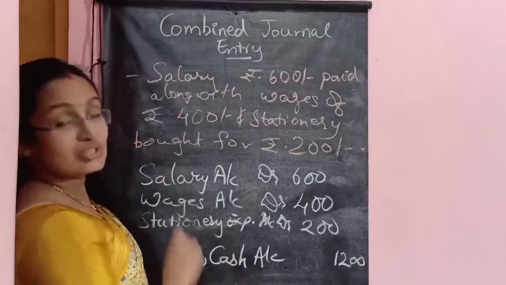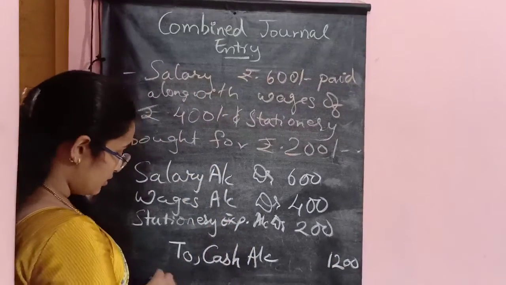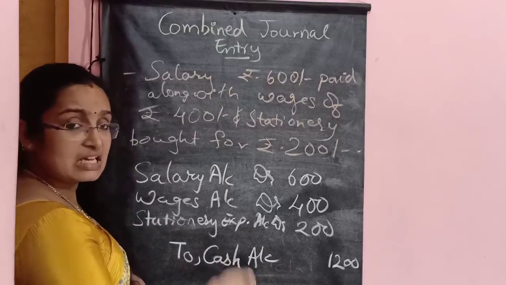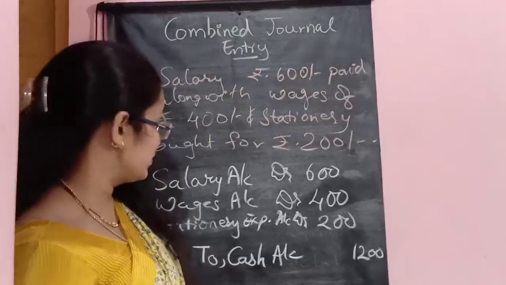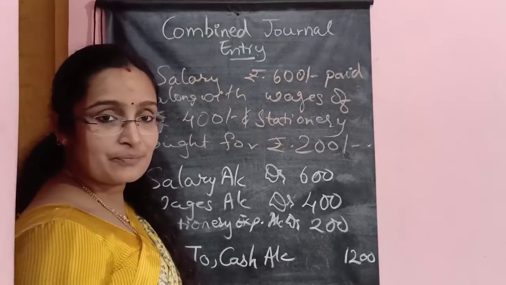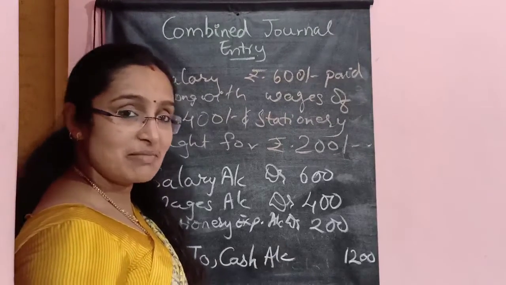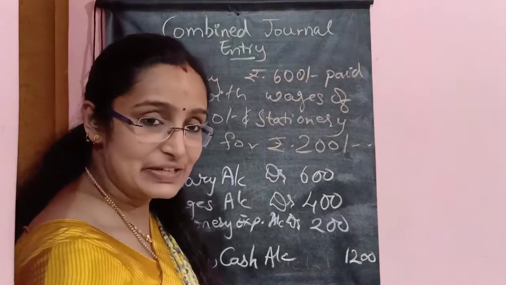So this is called a combined entry, with the narration being cash paid for salary, wages and stationery. So this becomes the combined journal entry.